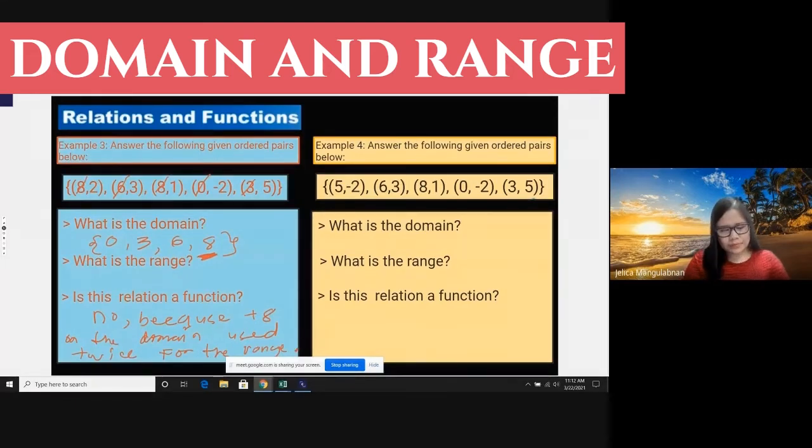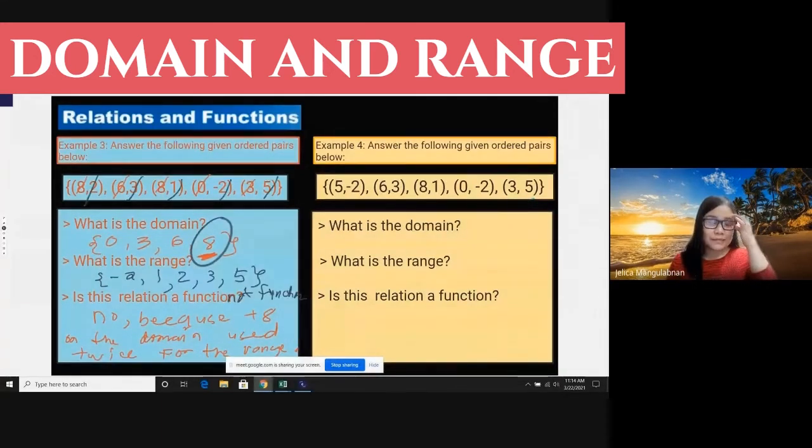If there's no question, we'll proceed. What is the range? For the range, these are the second values or the y values. The range is -2, 1, 2, 3, and 5.